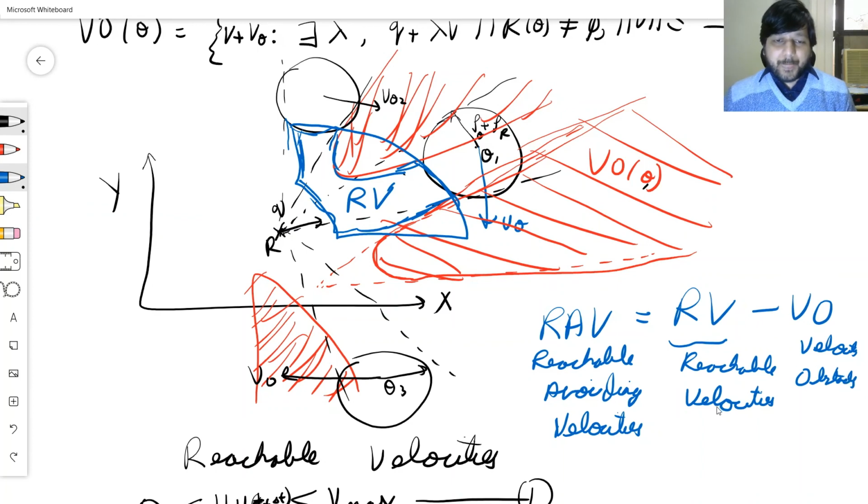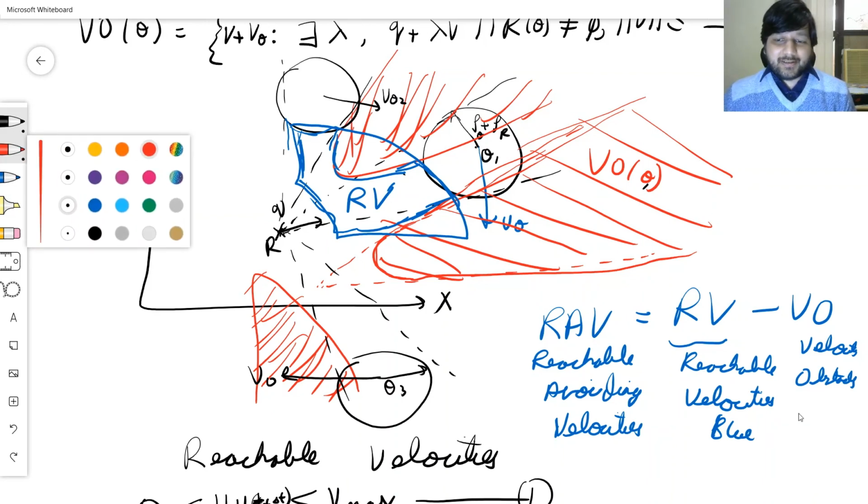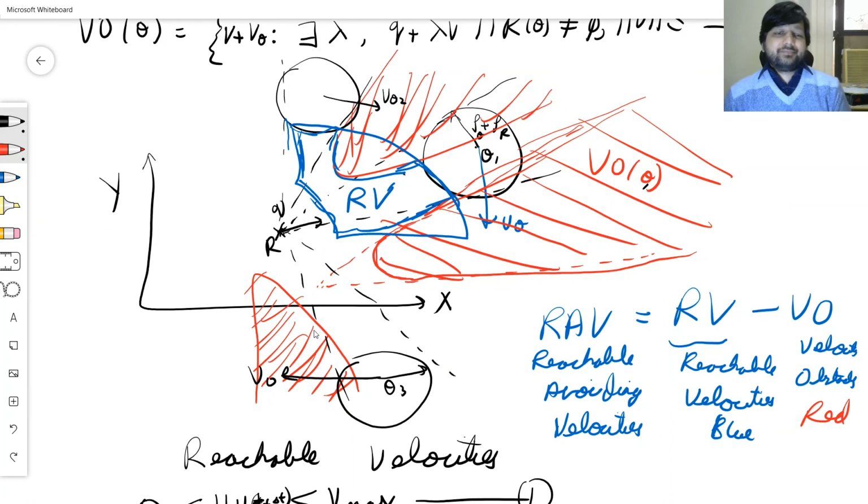So this one is shown in blue and this one is shown as red, of course. So I have to select a velocity such that it is in this region. Those are my constraints.